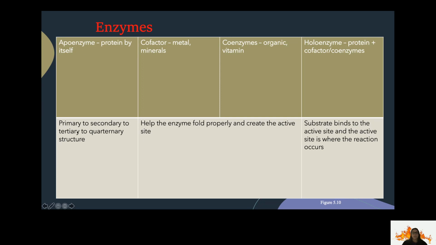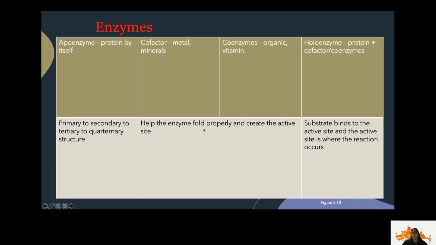At this point, the apoenzyme is just not folded correctly without the help of the cofactors, which might be metals or things you know of as minerals like magnesium or iron, for example, or coenzymes, which are typically organic molecules like different types of vitamins, or even, you've heard about coenzyme Q10, for example. These little factors help the enzyme to fold properly and create the necessary active site for the substrates to bind.